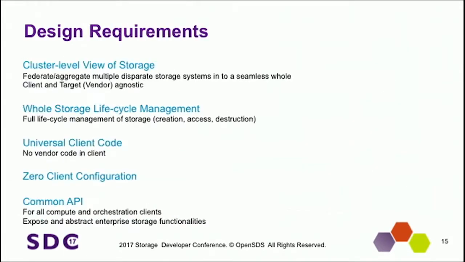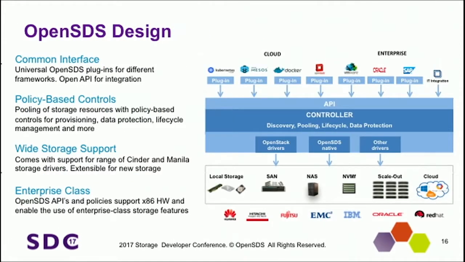So with these goals, we set up some requirements for ourselves, and that's pretty straightforward. Give me a cluster-level view of the storage. That's one thing. Then the lifecycle management, and as little client configuration as needed. So with these things, how it looks today is this.